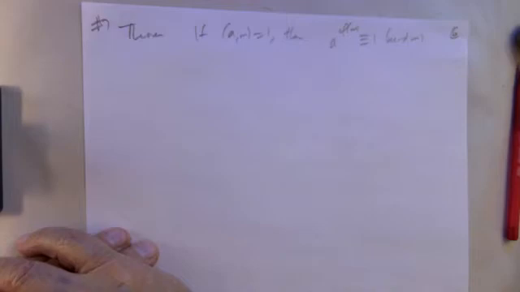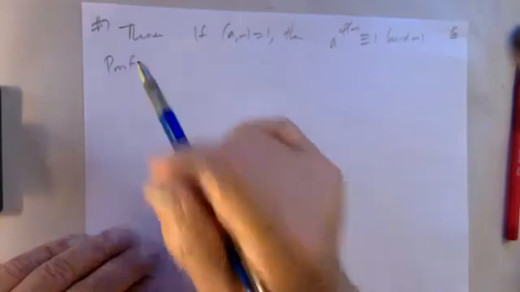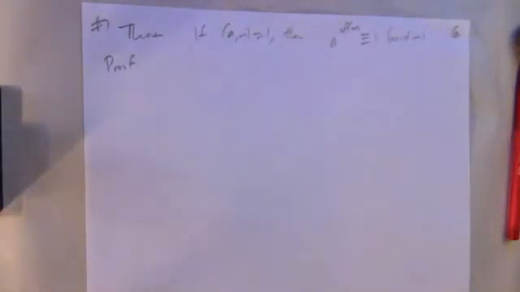Right? That's the Euler-Fermat theorem. And the proof, well, let's see. There are lots of ways to prove it. So let's just prove it using the proof that's in the text.